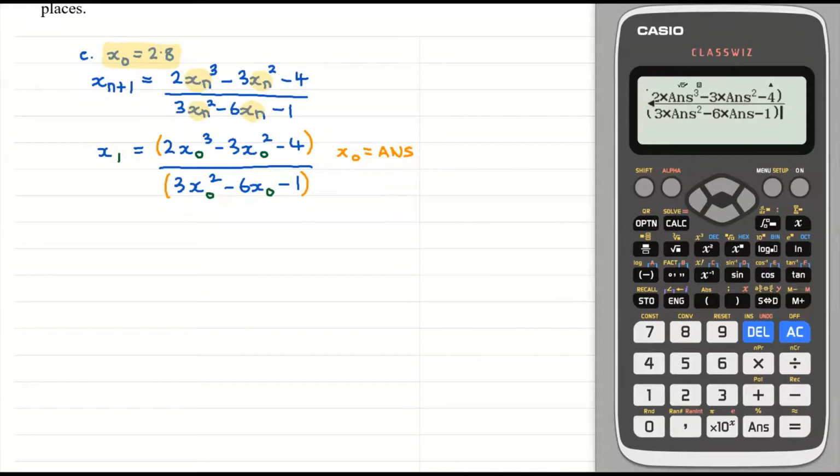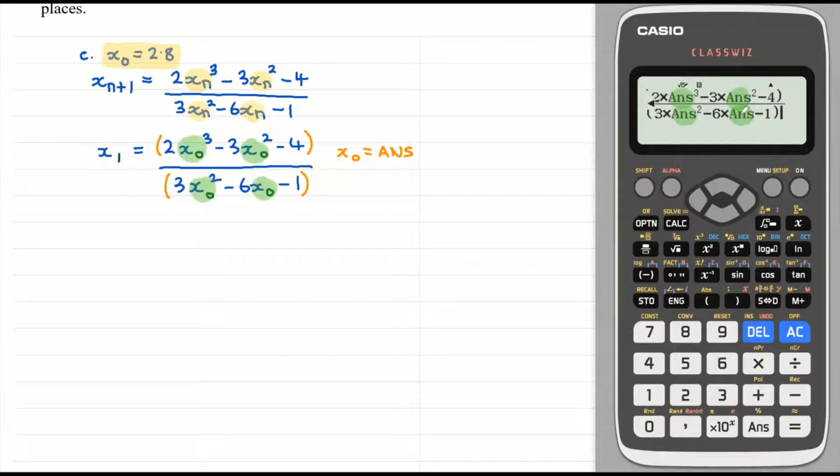So there's our Newton-Raphson method on the calculator, and you can see wherever we had an x0, I've replaced it on the calculator with this answer function in every position. So at this point, just double check that they match up before you do anything, because otherwise you'll have wasted your time.